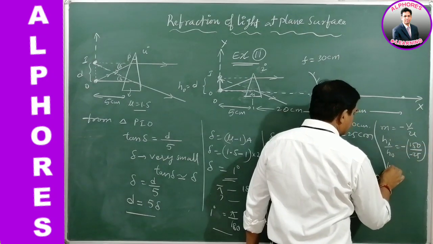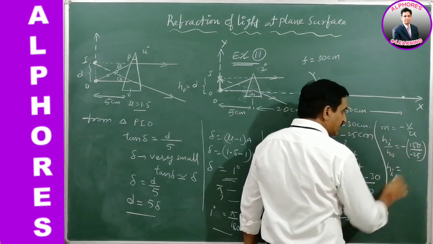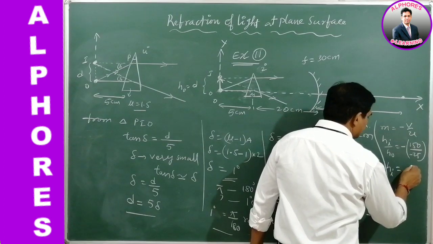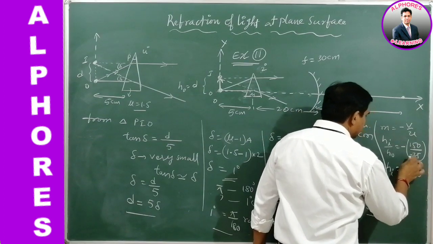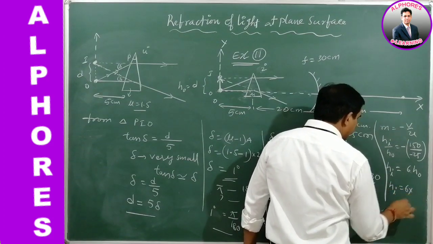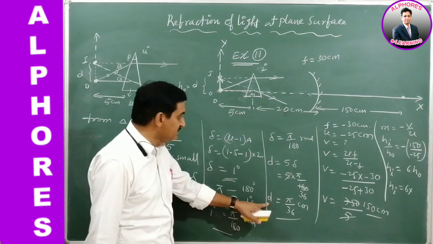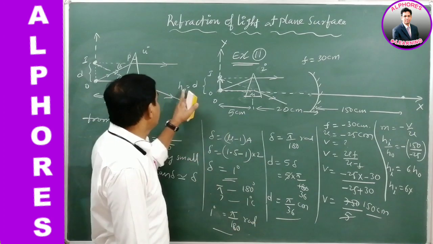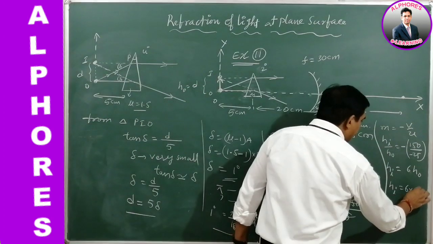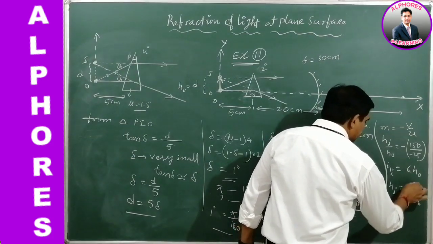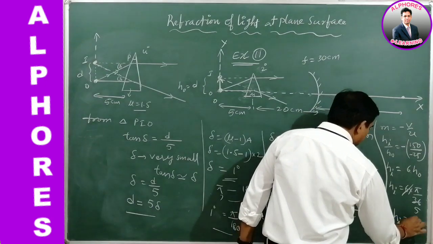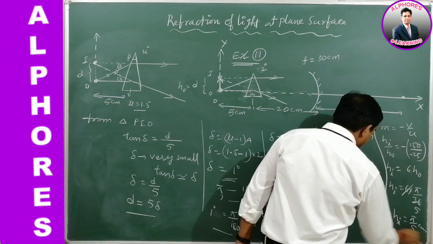So you will get hi equal to how much? 6 into h naught. This becomes positive. Hi is equal to 6 into h naught, already calculated, which is nothing but d. H naught equals d. Therefore the d value is pi by 36. Therefore hi is equal to pi by 6 times 6... that is pi by 5 centimeters.